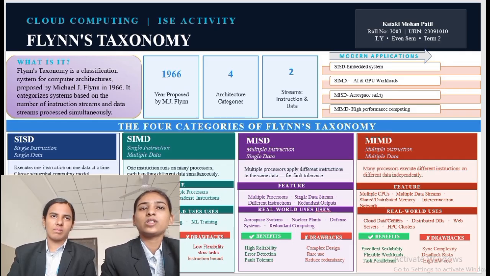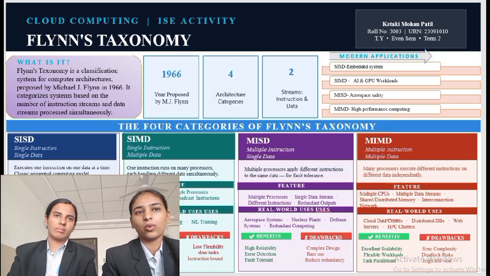In AI, basically SIMD, that is single instruction multiple data, is used, including GPU rendering in gaming. Then in the cloud, basically MIMD, that is multiple instruction and multiple data, is used. As the cloud provides services to multiple users at the same time, multiple operations happen in the background, and for that multiple processors are required.